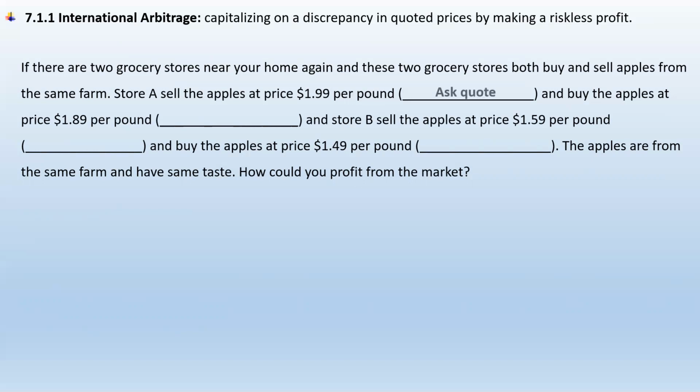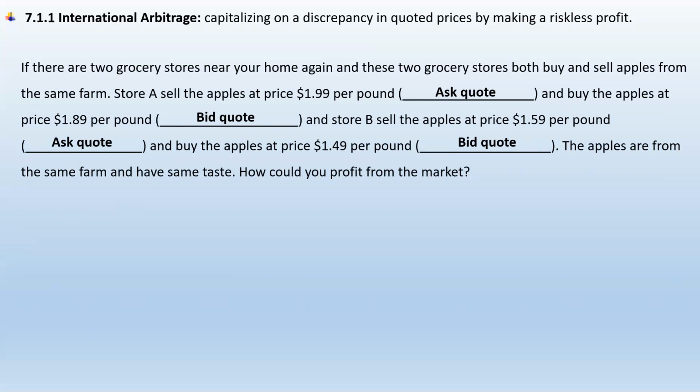That is the so-called ask quote or ask price, because store A sells at this higher price, and they will buy apples at a lower price, 1.89. Store B sells apples at a price of 1.95, which is much cheaper than 1.99, and they will buy at 1.49. So basically, both markets will buy at a lower price and sell at a higher price.